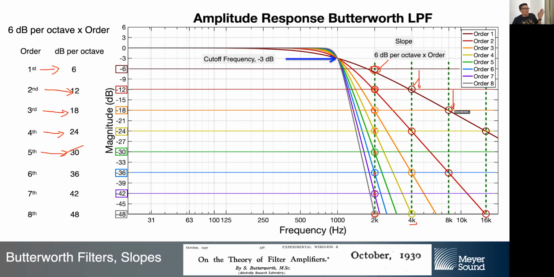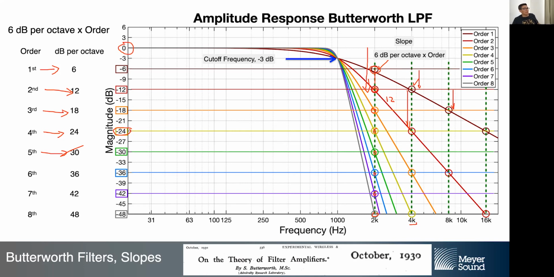Same thing with order number 2, but in this case, we're going to have a slope of 12 dBs per octave. As you could see, the first octave is going to be 12 dBs below our reference, that is 0. And then another octave is going to be another 12 dBs, that is going to be a total of 24 dBs. You could see that we have also these horizontal lines that are related to the traces that we are using with different orders.